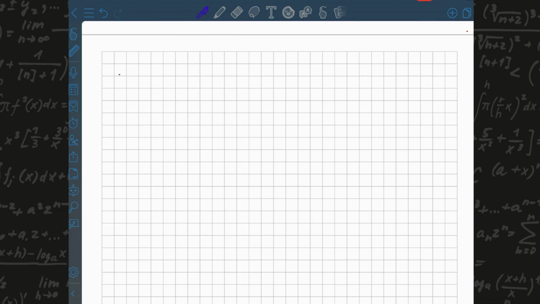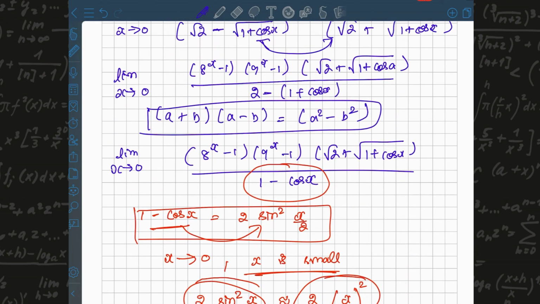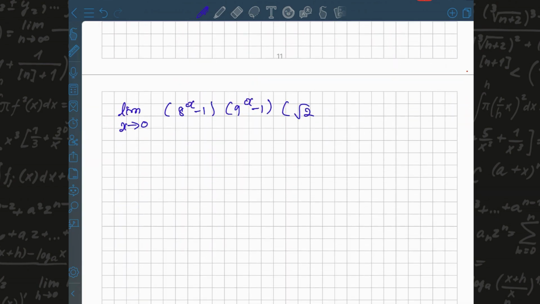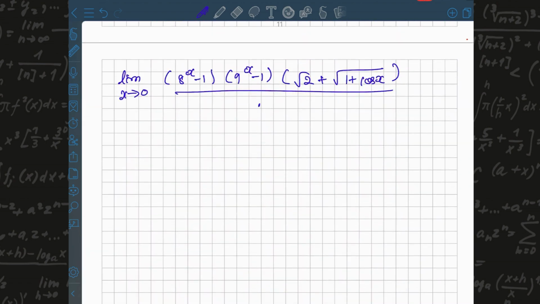So we can write this as limit x tends to 0, 8 power x minus 1 into 9 power x minus 1 into root of 2 plus root of 2 plus root of 1 plus cos x divided by, instead of this we can write it as x square by 2, right?